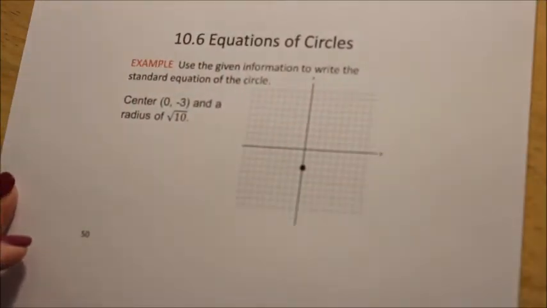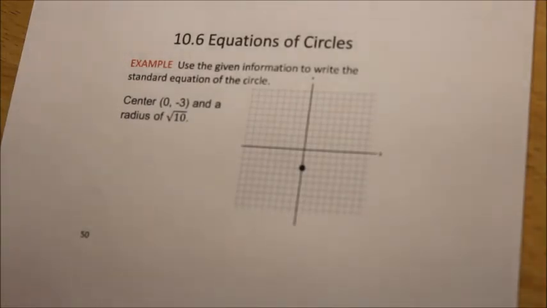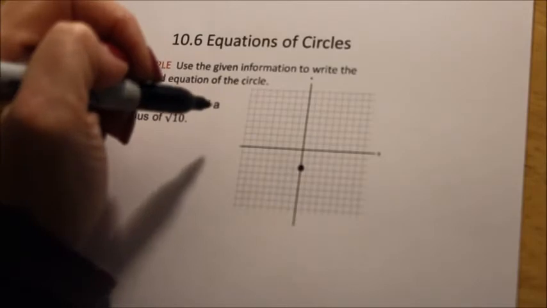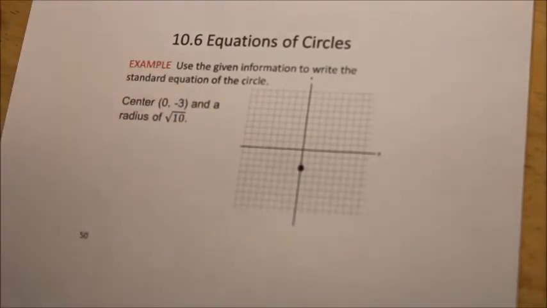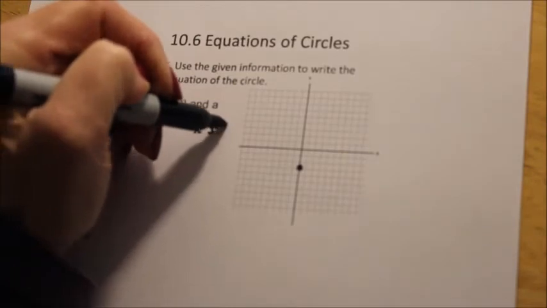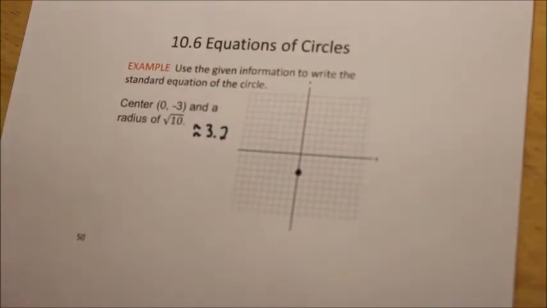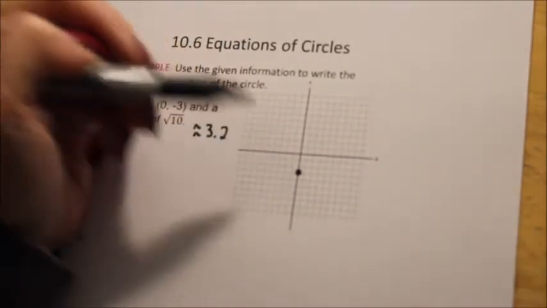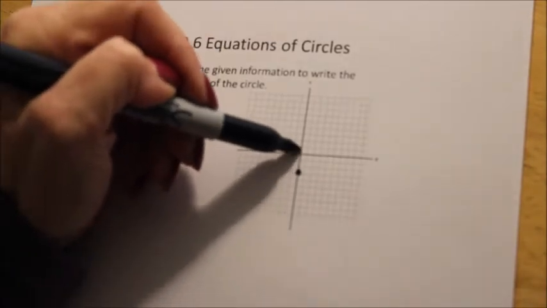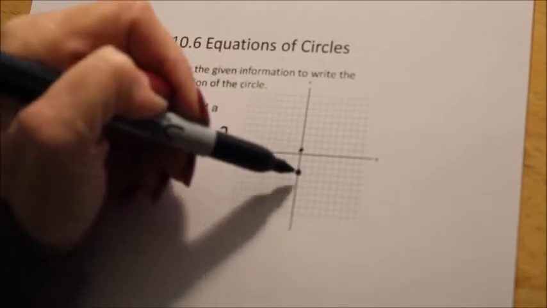Now, square root of 10, how do you graph that? So what I would do is just change it to a decimal. I don't know what it is exactly, but I know it's a little bit over 3. So maybe I'll say about 3.1, maybe 3.2, somewhere around there. So when I graph it, I'm just going to go a little bit past 3. So 1, 2, 3, I might just do a touch above 3.